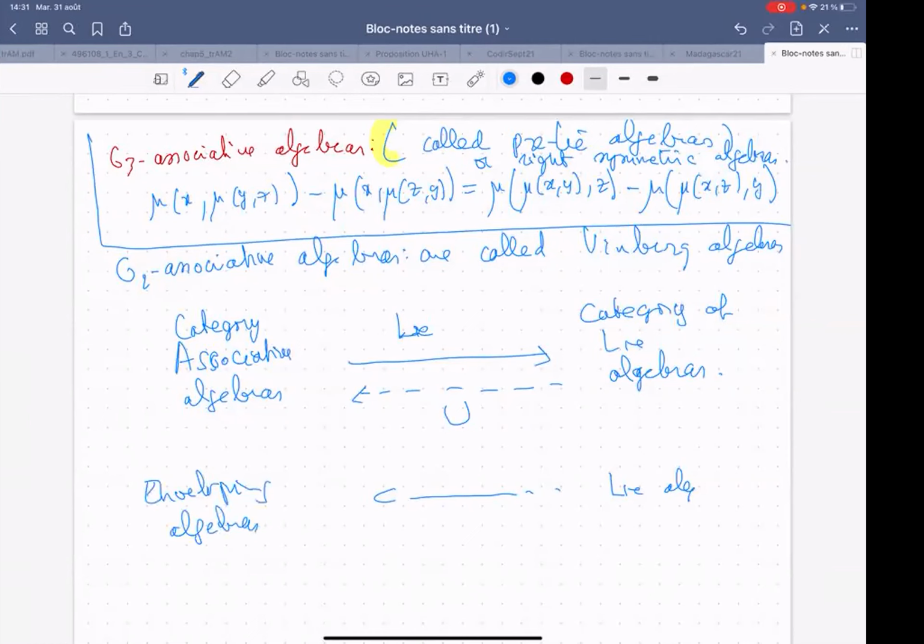The main difference between these two functors is this: if we start here with associative algebra of finite dimension, then the dimension of the Lie algebra is the same, because we consider the same vector space and the bracket defined on this vector space. But if you start with the Lie algebra, in order to associate an associative algebra, you need to get something which is in fact infinite dimensional.